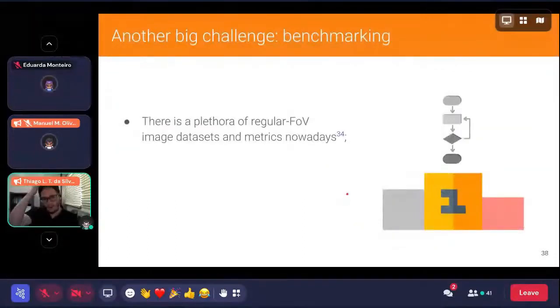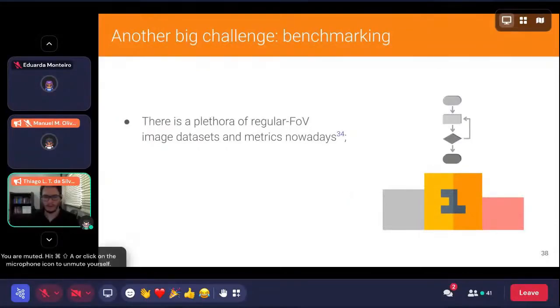Another big challenge that we face in spherical image processing is the lack of benchmarks. So we know that there are many data sets for regular images and different applications. So we have annotations for detection, we have annotations for segmentation, we have annotation for, I don't know, whatever we want.